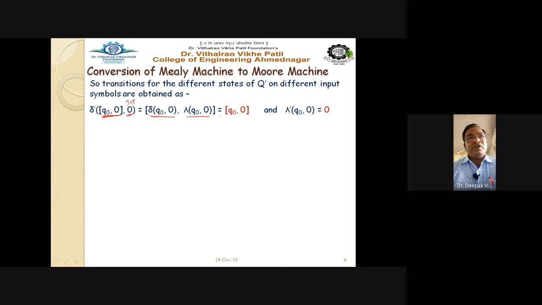So find out the value of delta Q0 comma 0. Delta Q0 comma 0 is the value of Q, it is nothing but your Q0, and lambda Q0 comma 0 is nothing but 0. So that's why the answer is written in the square bracket Q0 comma 0. Always remember that while writing the answer for the Moore machine, always write in a square bracket, right?